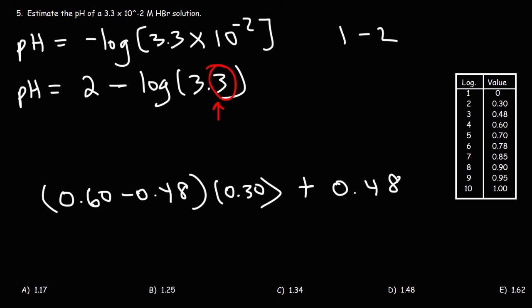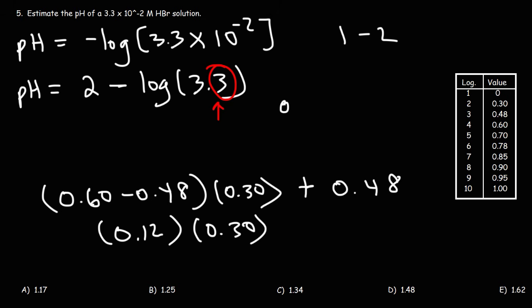We know that's 12. So 0.60 minus 0.48 has to be 0.12. Now what is 0.12 times 0.30? We know that 12 times 3 is 36. 0.12 times 3 has to be 0.36.